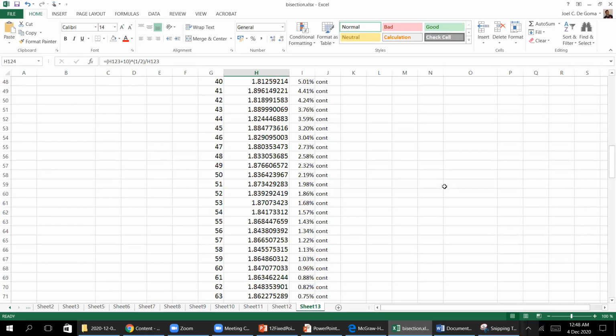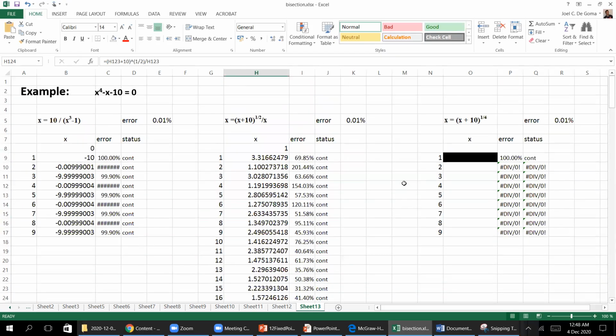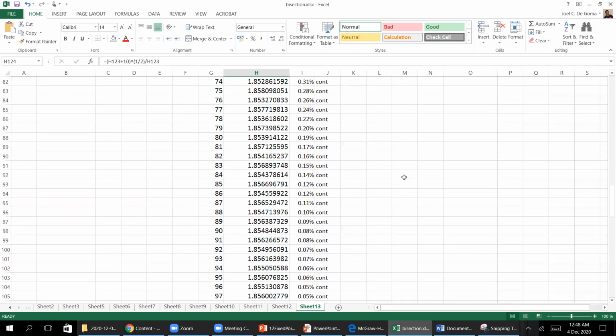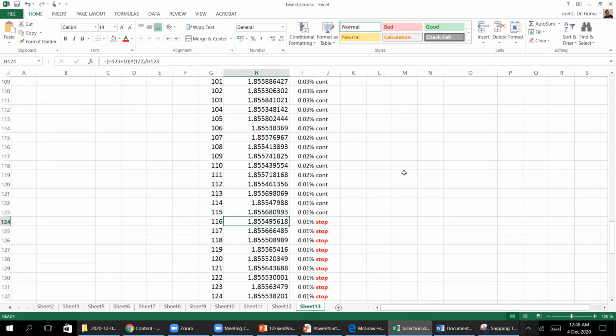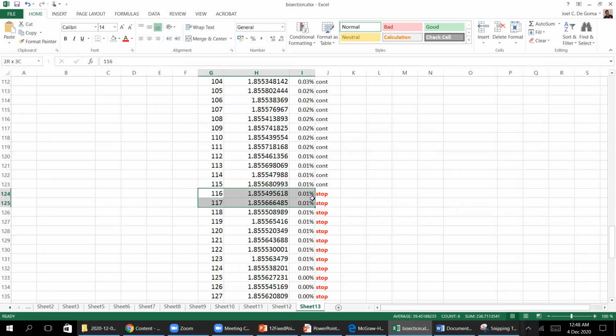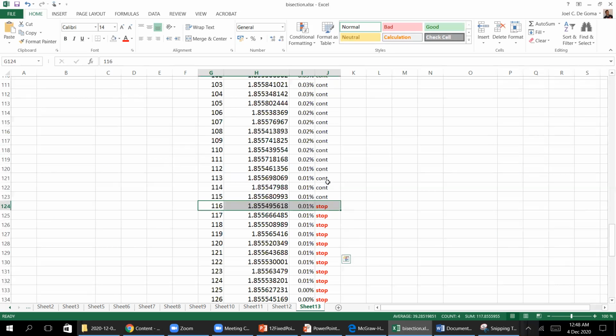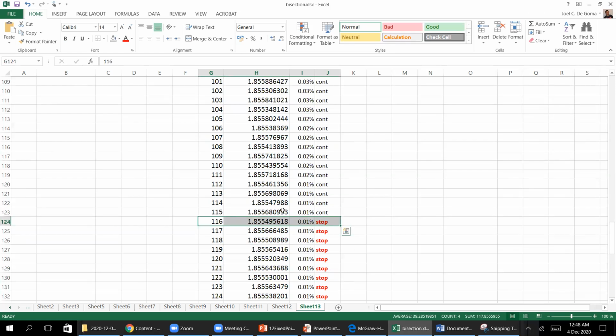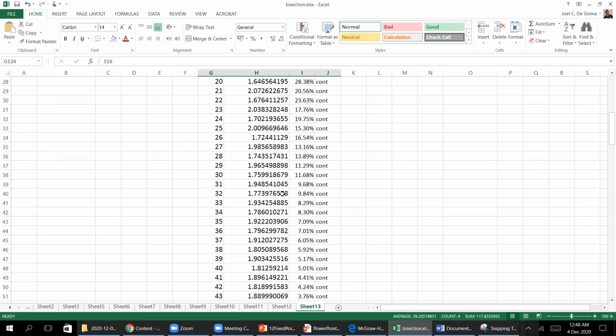This equation works, but unfortunately, the convergence in determining the root of x is too slow. Even though we get the root of x, the only problem, again, is that the solution is too slow if we're going to use this equation.